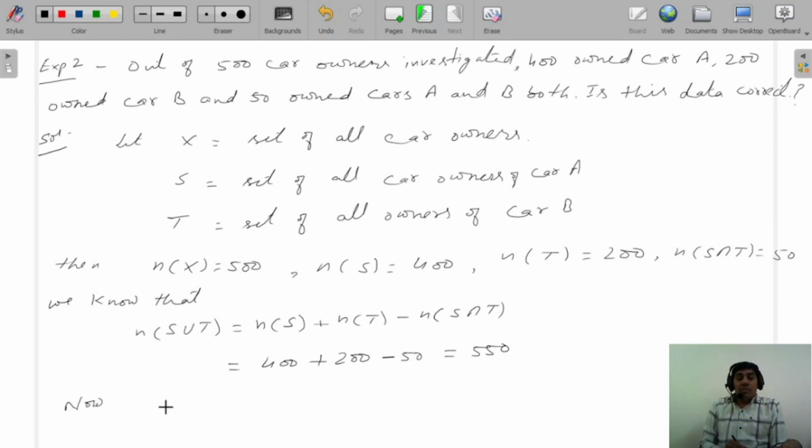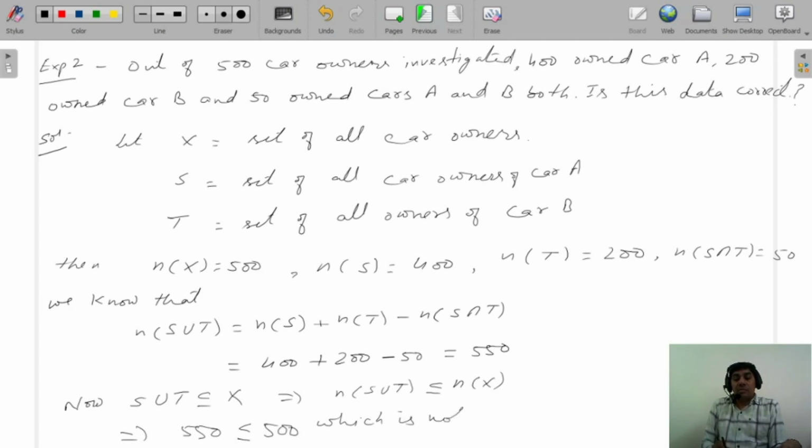Now, S union T is a subset of capital X. This implies n of S union T is less than equal to n of X. This implies 550 is less than equal to 500, which is not possible. This implies our data is incorrect.